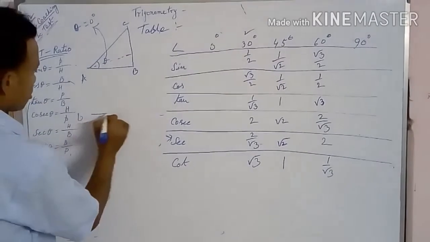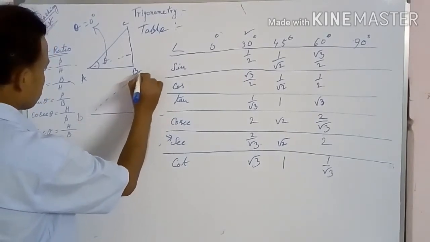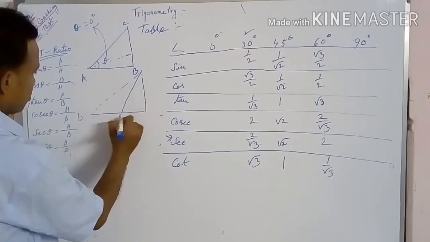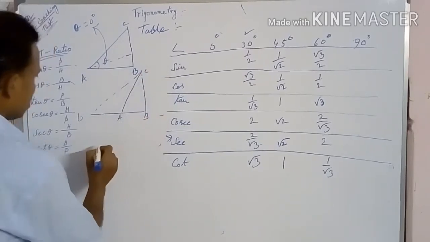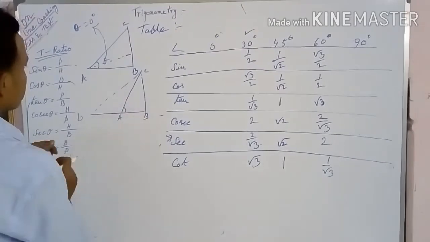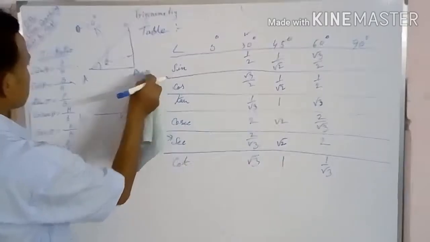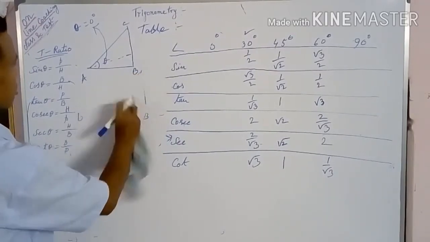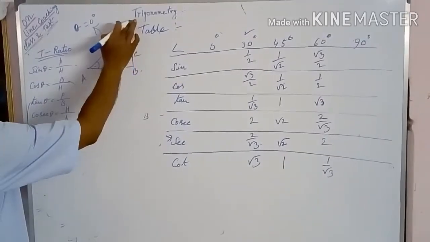That is the next angle. C is shifted here, A, C, B. Another angle, this is theta. C will be shifted here, this C shifted here.